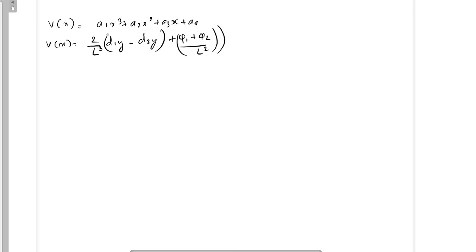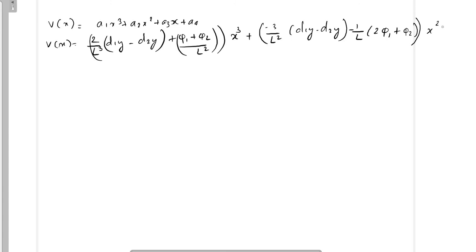So this one term should be multiplied with the coefficient x cube, plus a2, minus 3 by L square d1y minus d2y minus 1 by L 2 pi 1 plus pi 2. The whole term should be multiplied with the coefficient x square. Plus a3 value is pi 1, so pi 1 x. a4 value is d1y. So this is the complete equation.